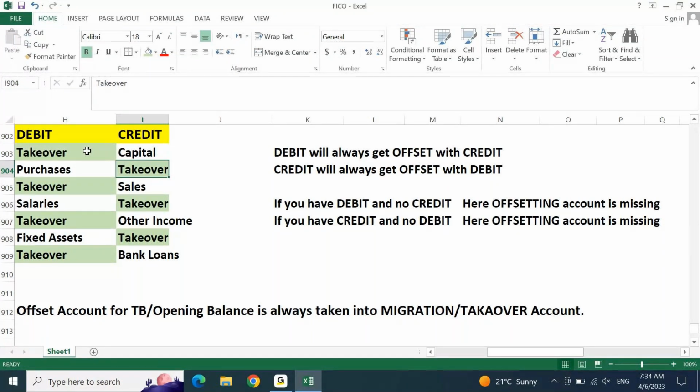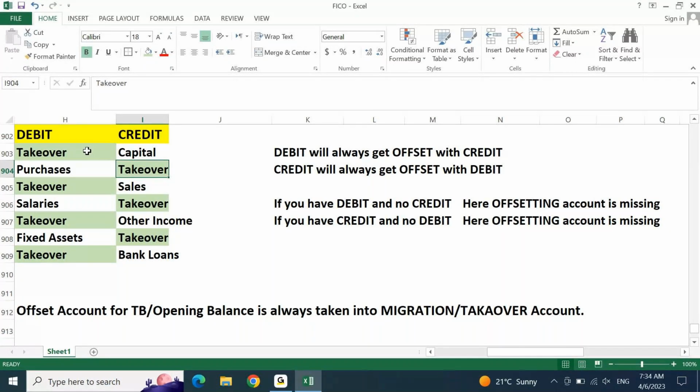If you put any implementation project on your resume, this is a mandatory question. How do you upload or bring your client legacy balances into SAP? What entry are you going to pass for it? How do you decide which accounting entry is to be posted? This is straightforward.